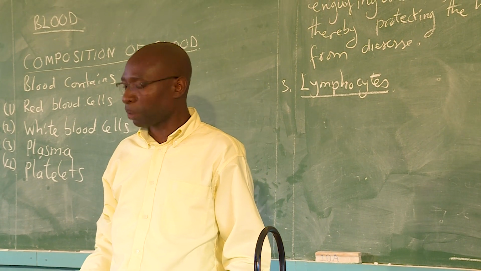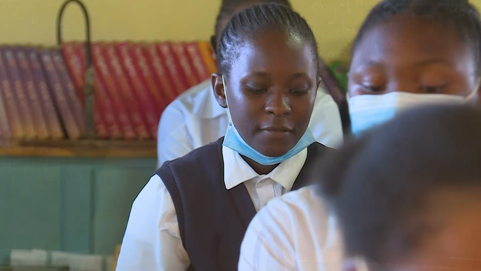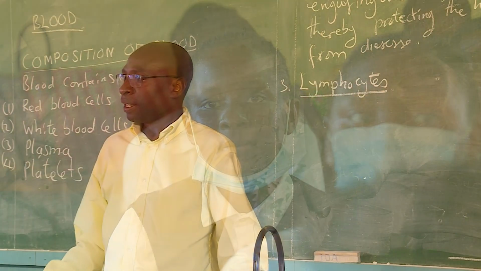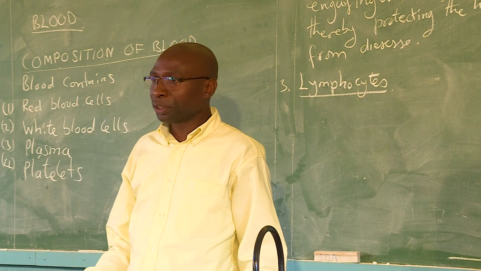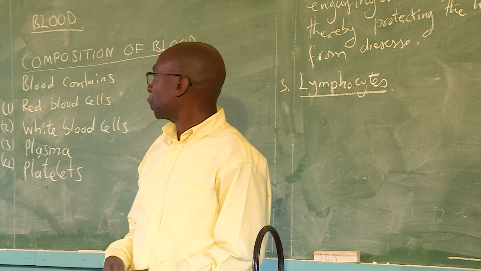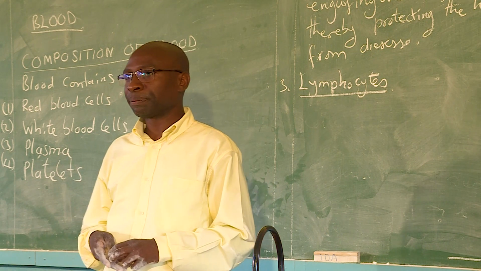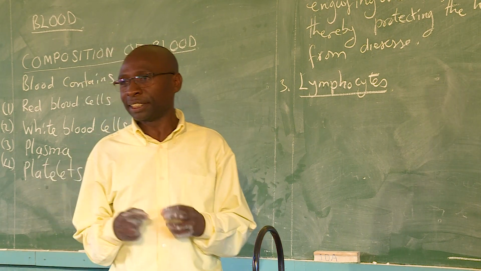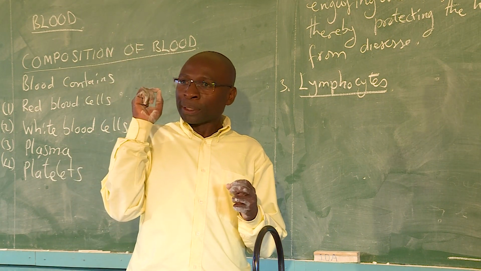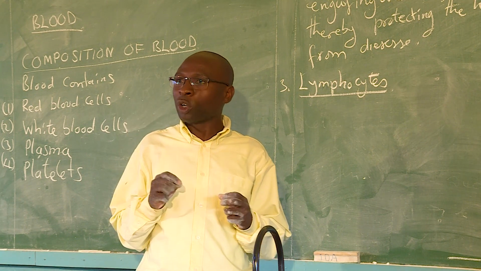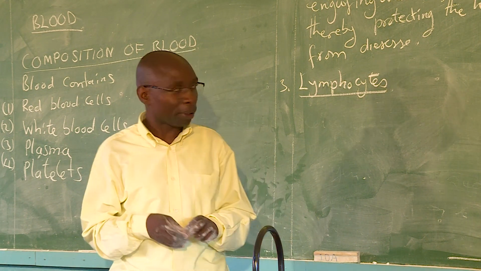How does it protect the body against diseases? The lymphocytes defend the body against infection by producing antibodies and antitoxins. It's going to produce chemicals which are going to fight diseases, or which are going to counteract the effect of the germs when they enter the body.